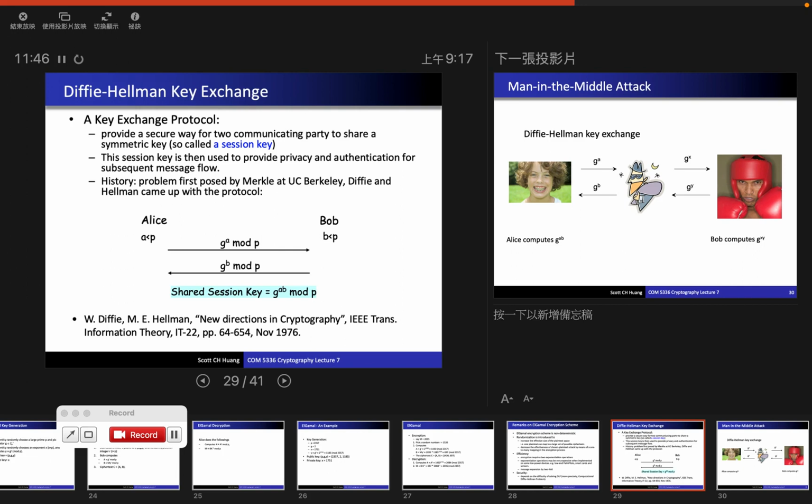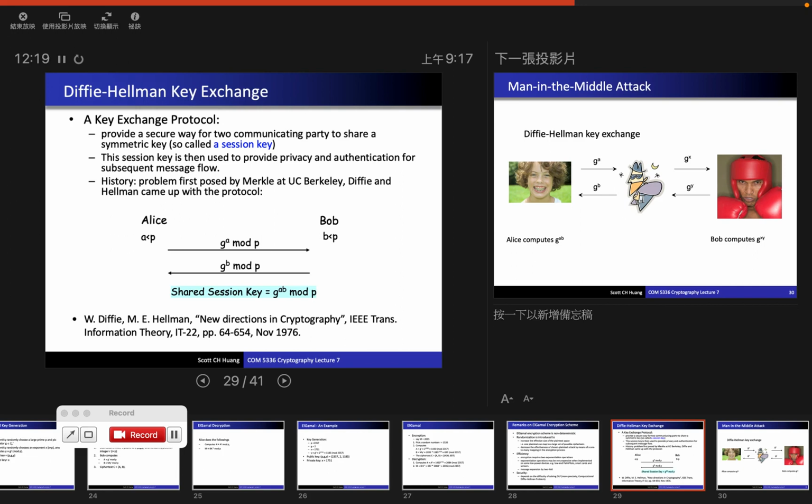Alice and Bob want to establish a shared key before using, for example, a symmetric crypto system. They already know both P and G. Now, this key exchange algorithm works really easily. First, Alice and Bob both create some secret information.